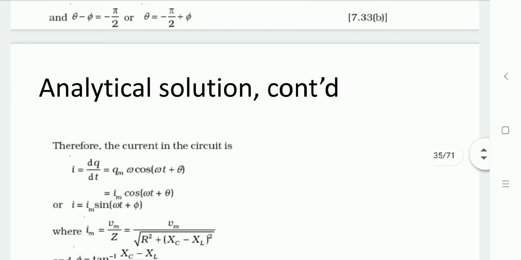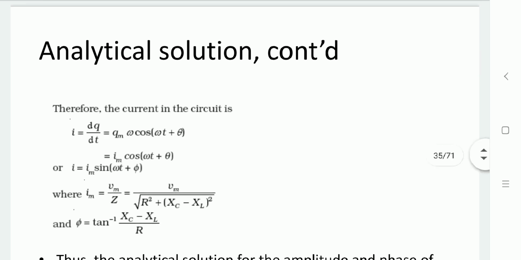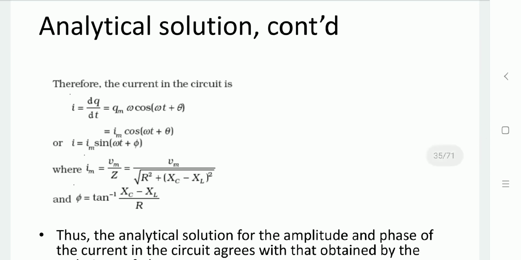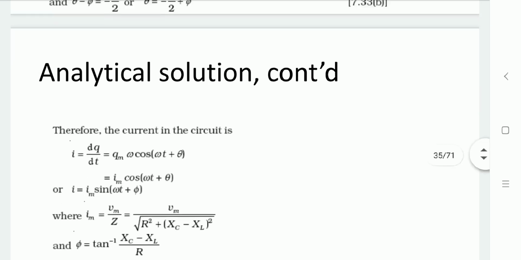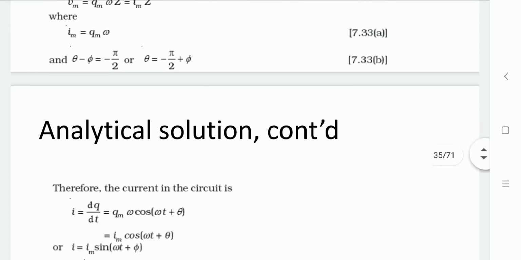So now we have I equals dq by dt. dq by dt we have derived earlier, and this equation is qm omega cos(omega t plus theta). Now qm into omega we can replace from the Im equation. So qm into omega is Im.